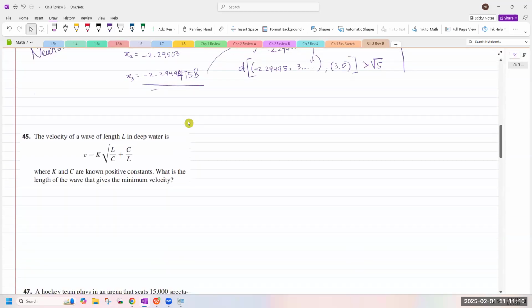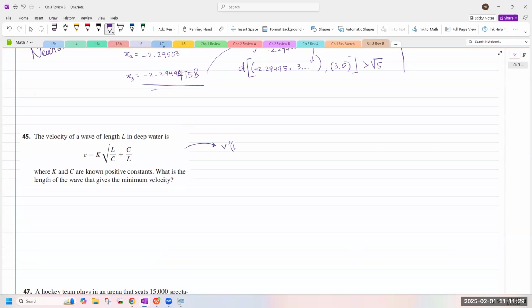Okay, let's go on. The velocity of a wave of length L in deep water is given by this function, where K, C are known positive constants. What is the length of the wave that gives minimum velocity? Well, for minimum velocity, we need to get phi prime first.